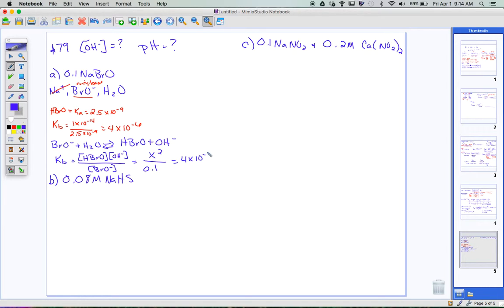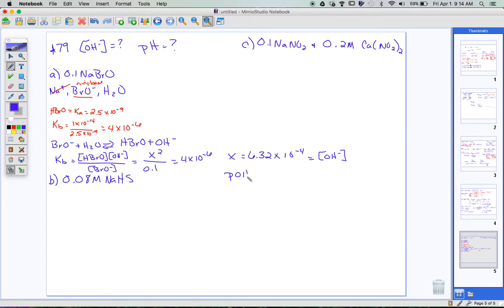So 4 times 10 to the minus 6. When you solve that for x, you end up getting 6.32 times 10 to the minus 4th, and x is the OH minus concentration from your ice table.